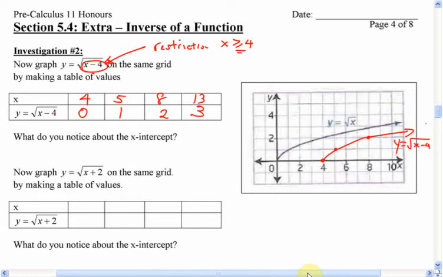Then, if you're done that one, try graphing the next one underneath. What do you notice about the x-intercept? Which way did it move? Right. 4 units. Okay. Now, start the next one for me, please. What's my restriction on this graph here? What's my restriction here? x must be what?